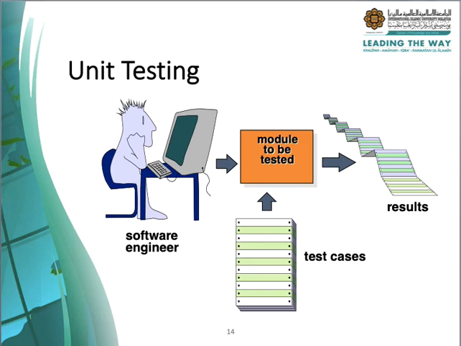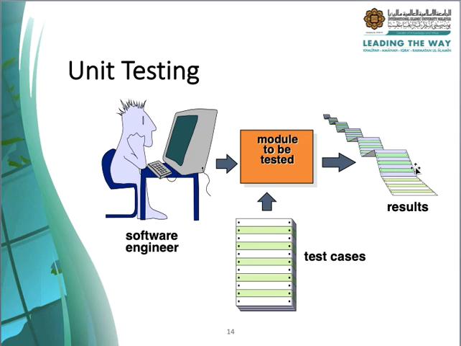What you have here is a software engineer. That software engineer has a module, and the module that is designed or written needs to be tested. How to test is using test cases, so that you will see the results, which are the 4 outputs that I told you earlier: error, conformance, performance, and quality too.